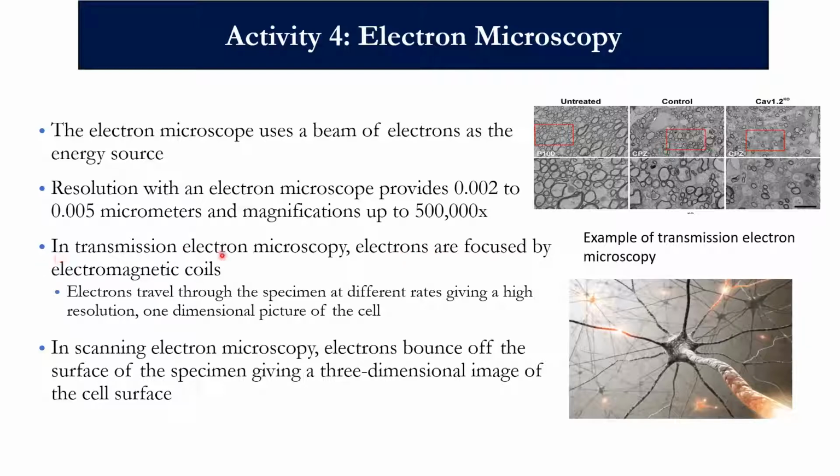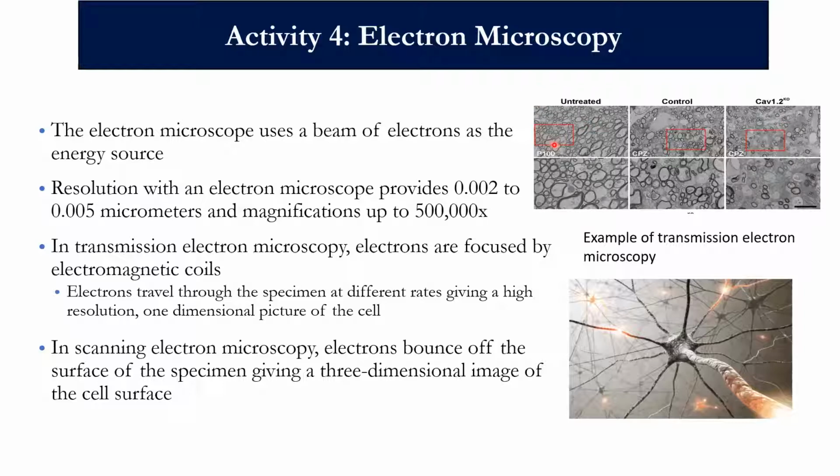In transmission electron microscopy, electrons are focused by electromagnetic coils. Electrons travel through the specimen at different rates, giving a high-resolution, one-dimensional picture of the cell. So these are all going to be one-dimensional images. Your confocal microscope can give an X, Y, and Z plane to your images. This one's going to just be a one-dimensional image.